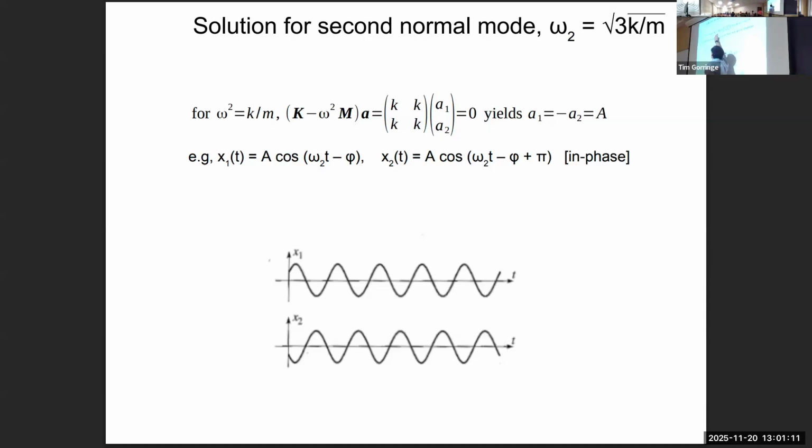linear equation again. I'm going to replace the omega squared with the particular frequency for this mode. So I'm replacing it now with, there's a typo here, it should be a 3. I want to plug in 3k over m for omega squared. If you plug in 3k over m, you also get a really simple matrix.